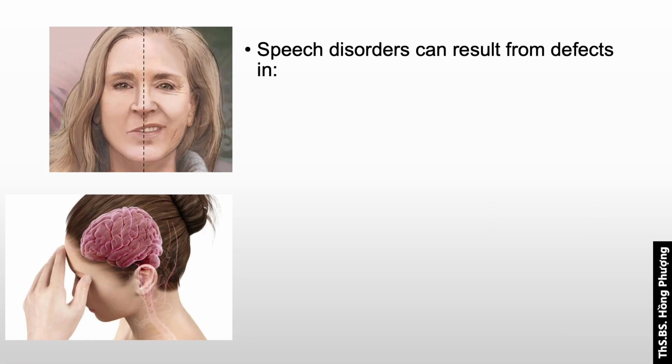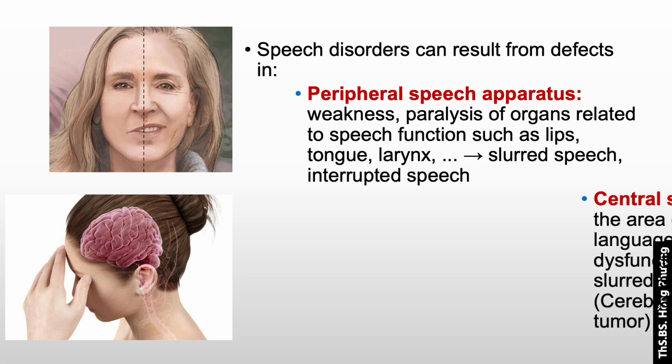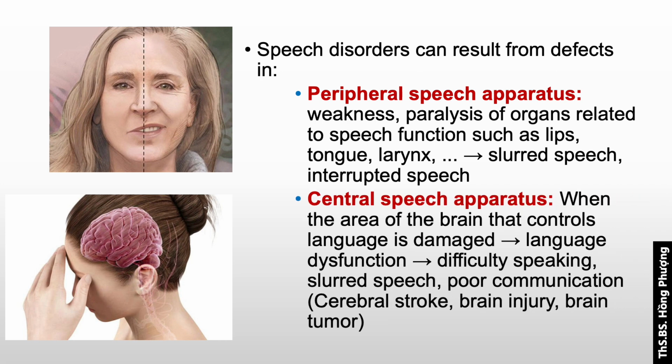Speech disorders can result from defects in the peripheral speech apparatus, like weakness or paralysis of organs related to speech functions such as the lips, tongue, and larynx, causing slurred or interrupted speech. In the central speech apparatus, when the area of the brain that controls language is damaged, it can cause language dysfunctions.